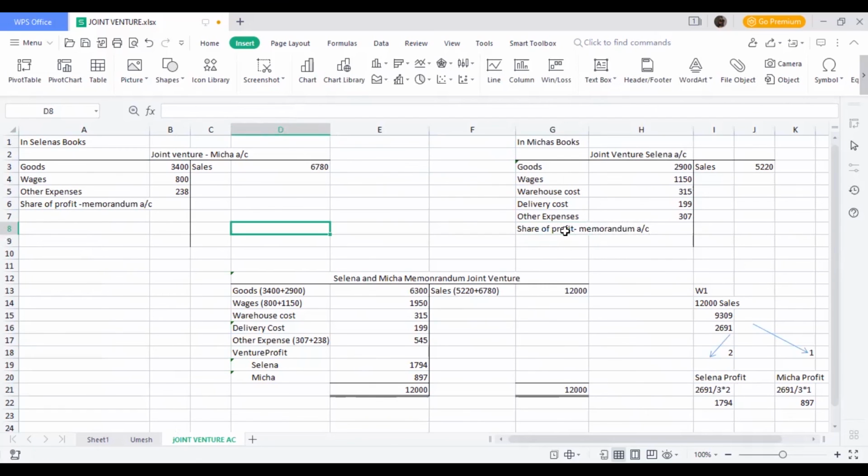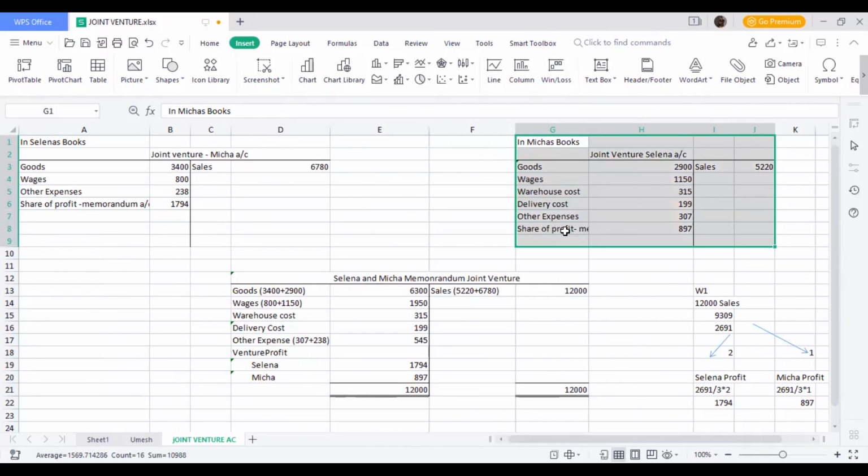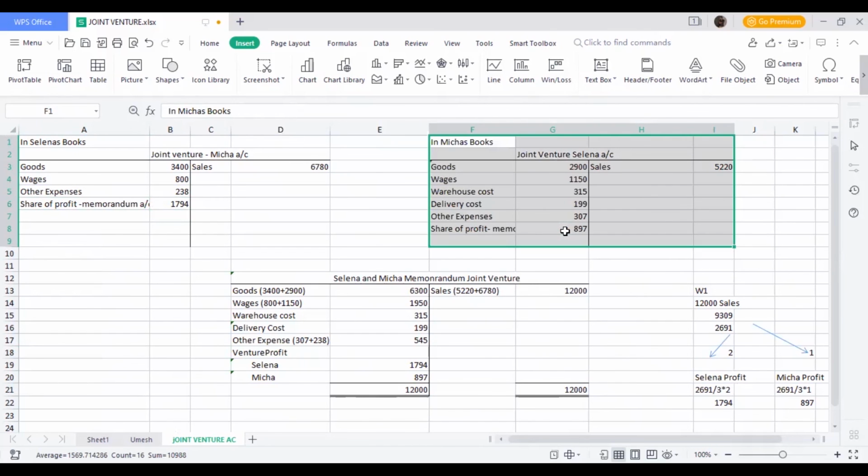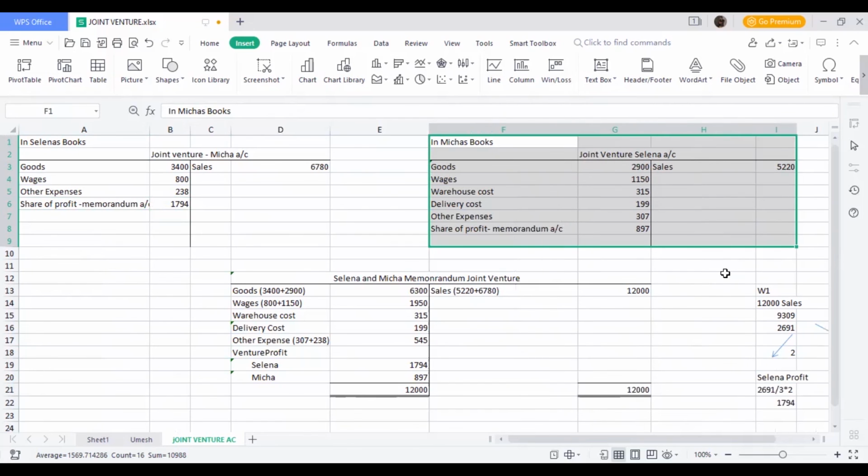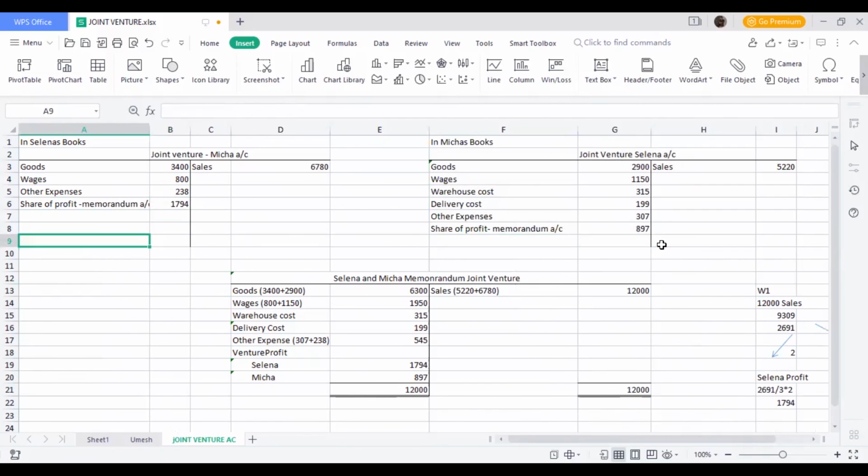So what is the share of profit they had here? 1794, 897. Okay. So now we are almost done with the sum.